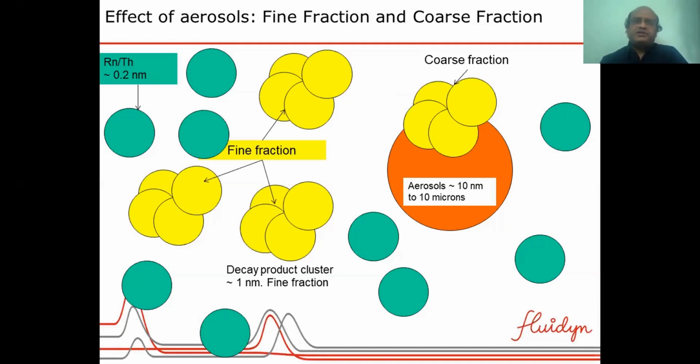The decay products, that is polonium, lead, bismuth, etc., have a property. The radon gas molecule doesn't get attached to any surfaces. It remains in the air. But the decay products can get attached to any nucleus or to themselves and form bigger clusters.